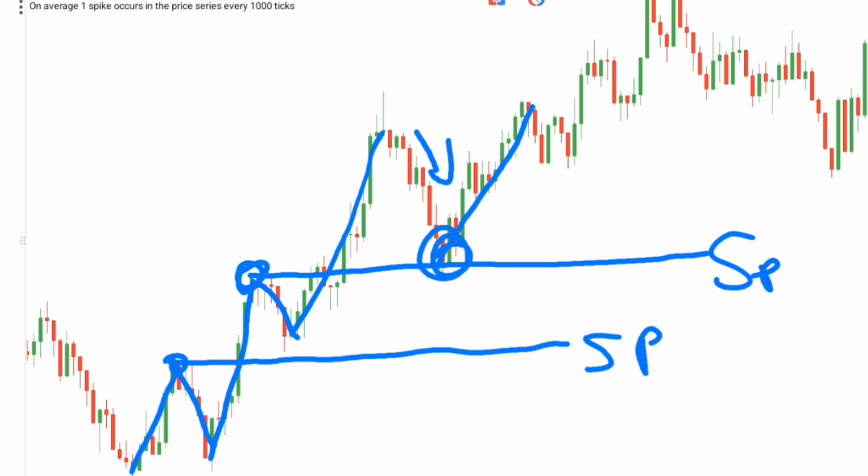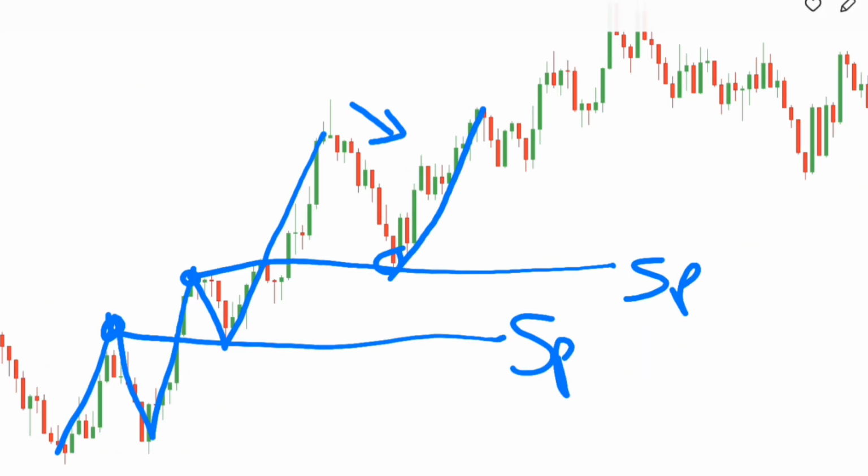We joined at the beginning of an impulsive move. We caught another one. So the next impulsive move we're going to catch is from this SP, from this swing, which, if we bring it out, will become another support. So when price is making an impulsive move, it means that we have to wait for price to come down. And price came here, made an impulsive move.